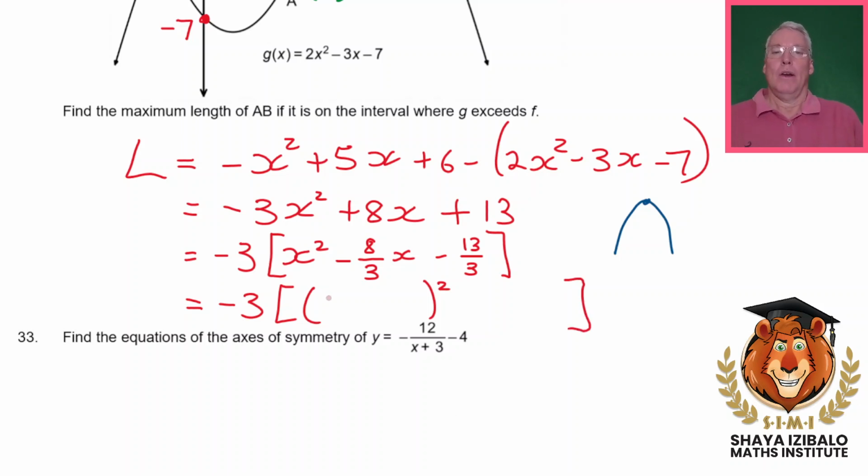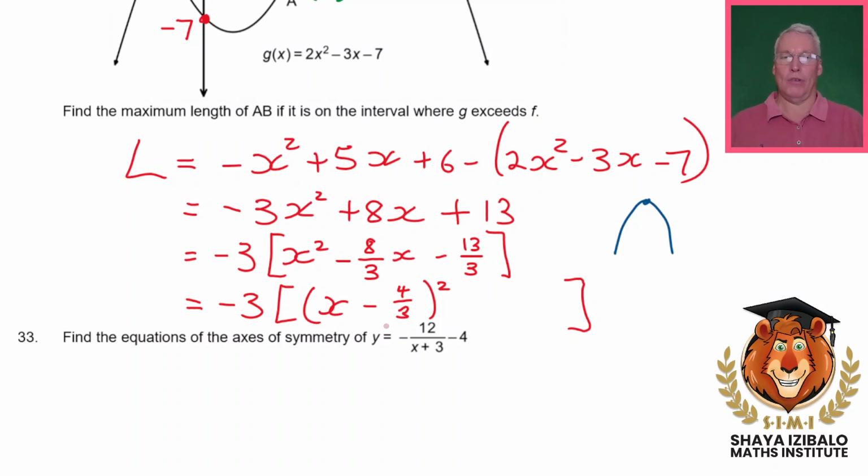When we square this out, whatever we put here is going to multiply with the x and then double, so we need to halve that value. So x minus 4 over 3 all squared gives us that.